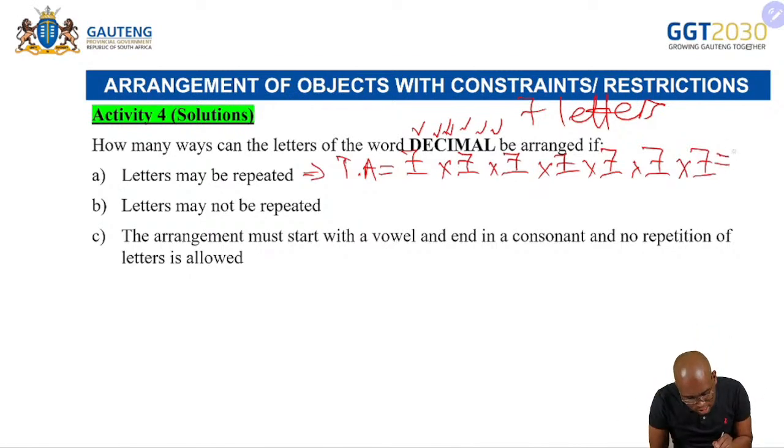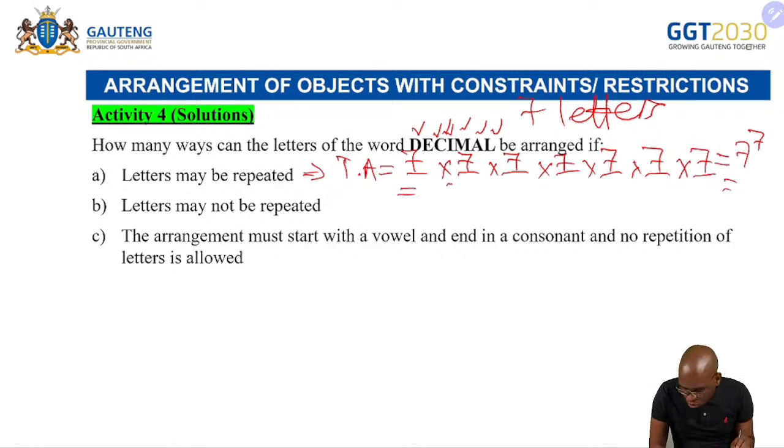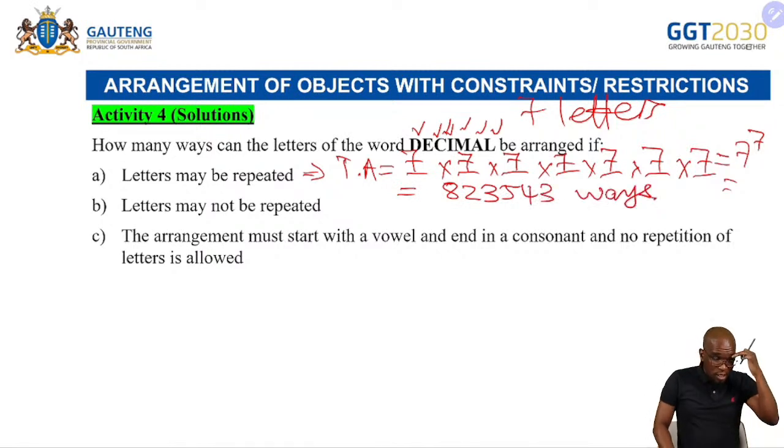So this is the same as 7 exponent 7, because letters may be repeated. That would simplify to 823,543 ways. That is the number of ways in which these letters can be arranged if the letters can be repeated.